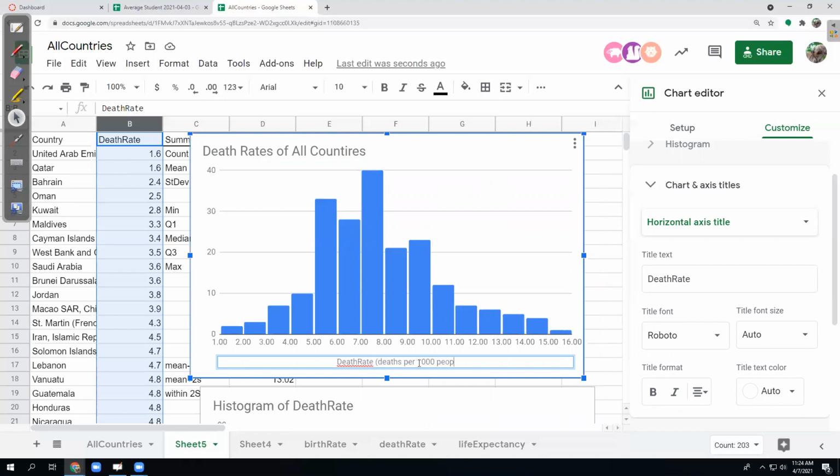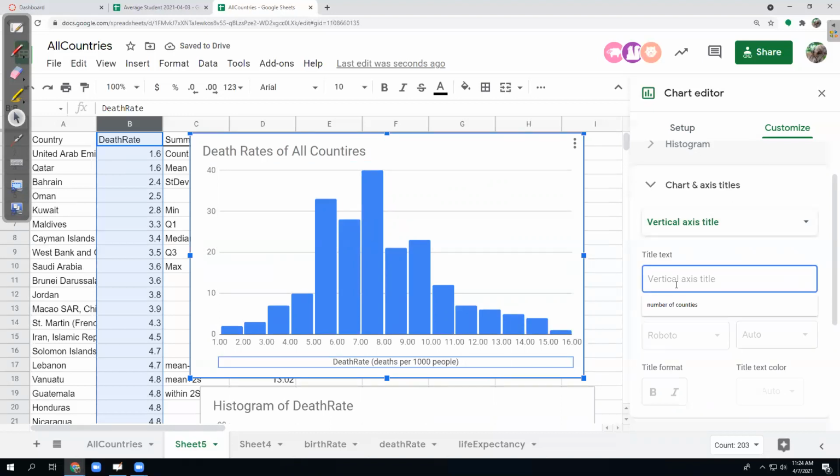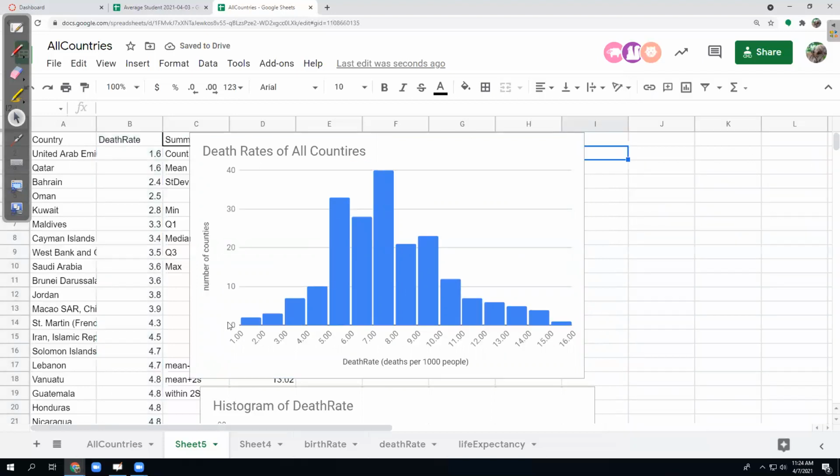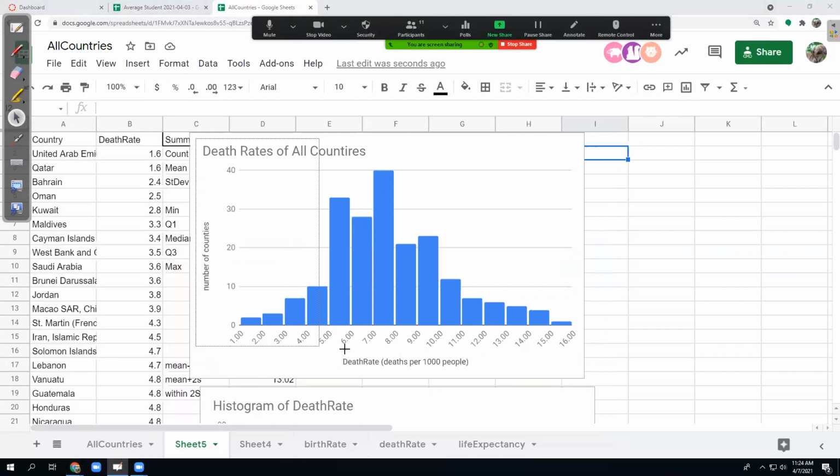And then we should indicate what that column means over there. So that's vertical. And what are we counting? Frequency is a count. We're counting number of countries. Cool. All right. And so draw a rough sketch of that on a piece of paper, labeled at the bottom, equally spaced 1, 2, 3, 4, 5, and so on. Take a screenshot.